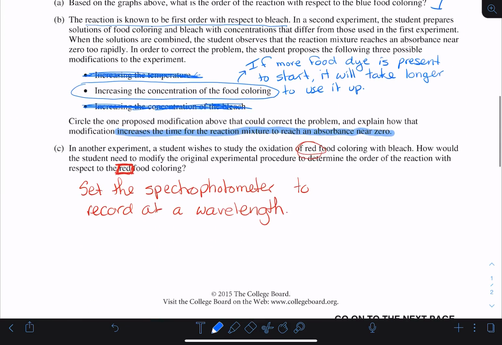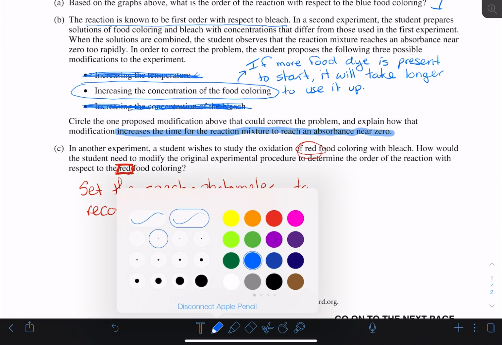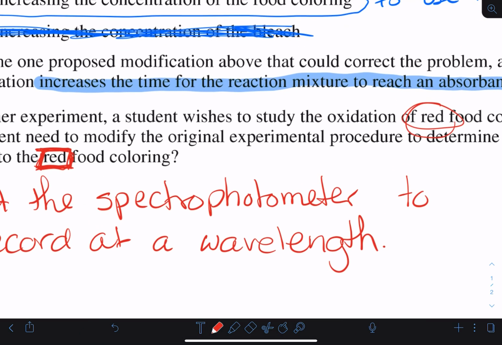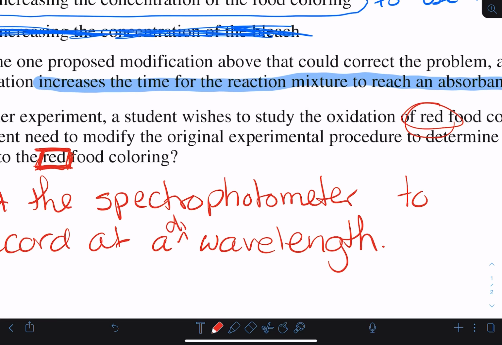So if you wanted to be a little bit more specific in part C, you could say that you might want to set it to a wavelength somewhere in the blue to purple region of the spectrum would probably be reasonable, but you don't even need to get that specific with it. You would just need to specify a different wavelength.